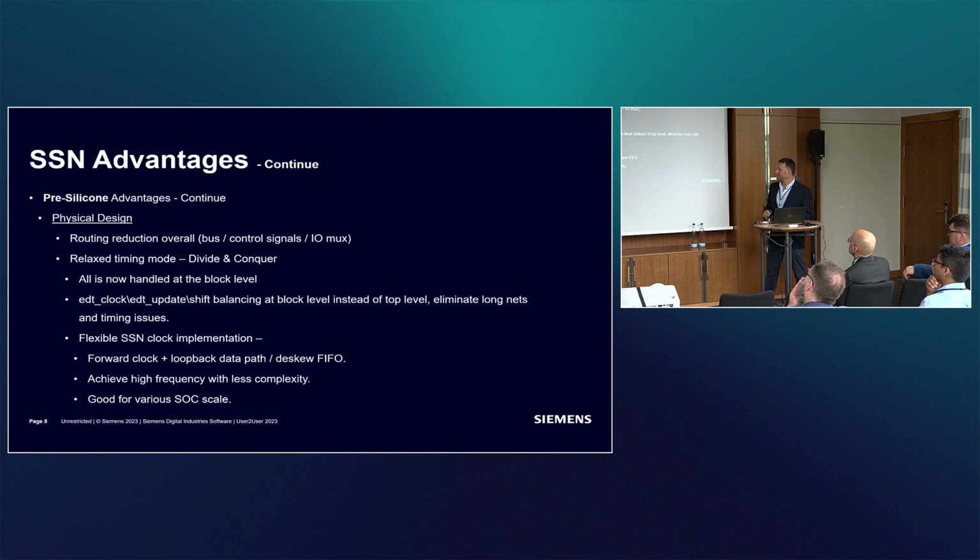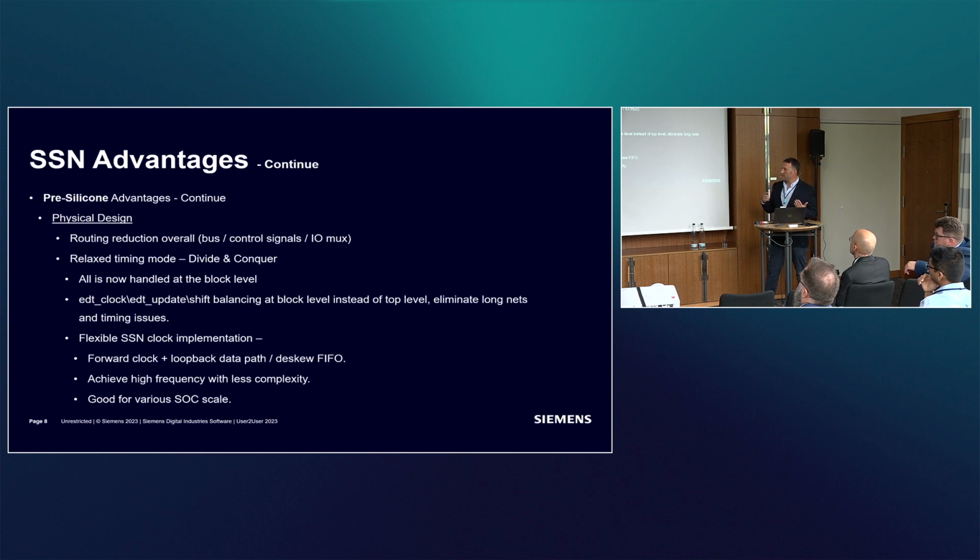internally. We chose the SSN forward clock implementation. That means that the clock and data are going to route from one partition to another, and we'll have a few pipes, meaning the DSQ FIFOs, that will help us balance between partitions if it's a long distance from one SSN to another.